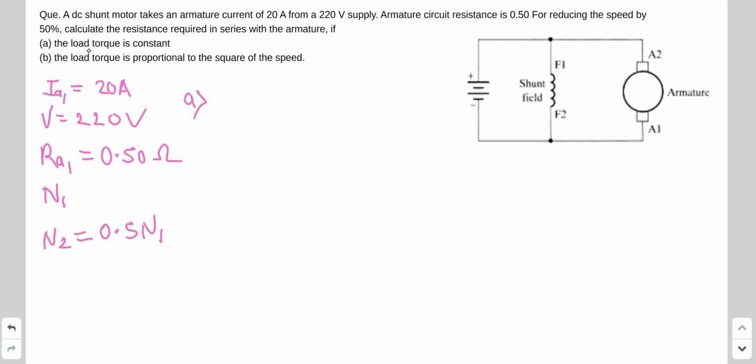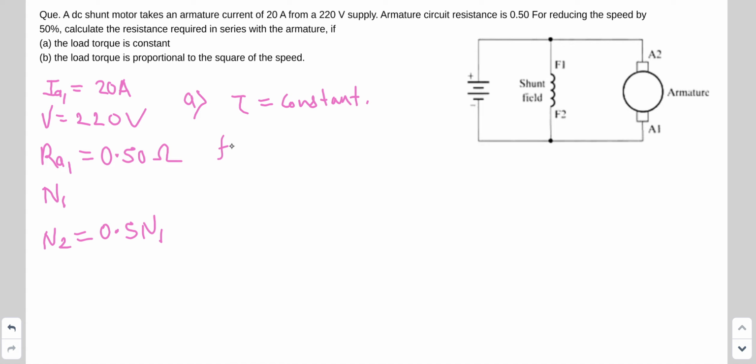Now we will calculate our first part. So A is when the load torque is constant. This is the given condition.